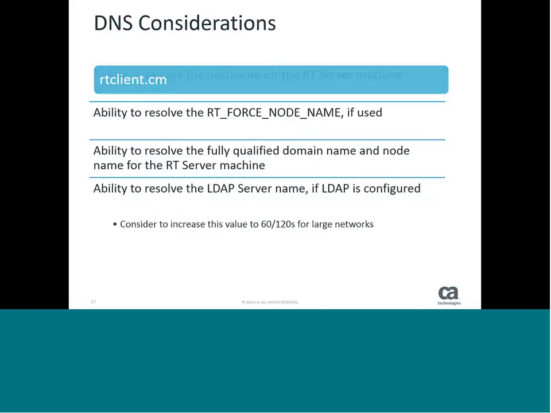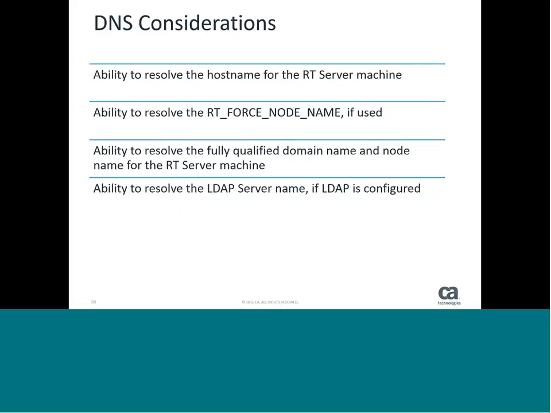Apart from timeouts, one important thing is the DNS, the domain naming service. In a network, whenever the RT server is running, it is listening on one particular host name, and when clients want to connect to the RT server, the DNS service running in that network should be able to resolve this node name to a particular IP address, so that the packets can flow.